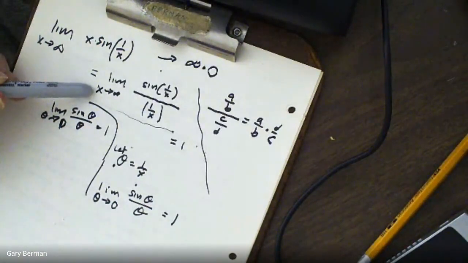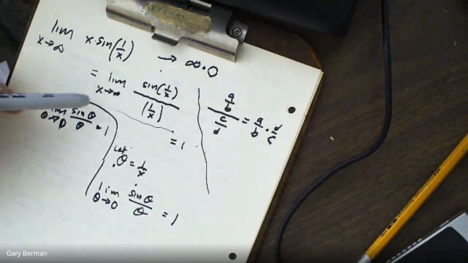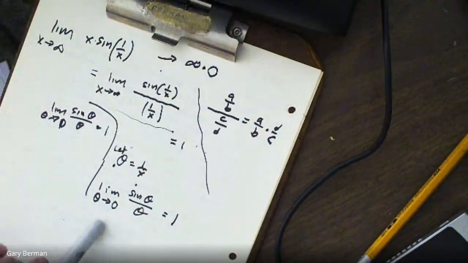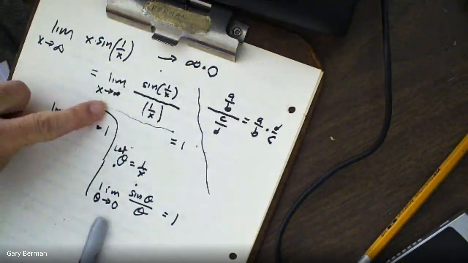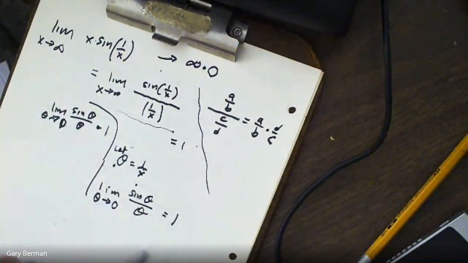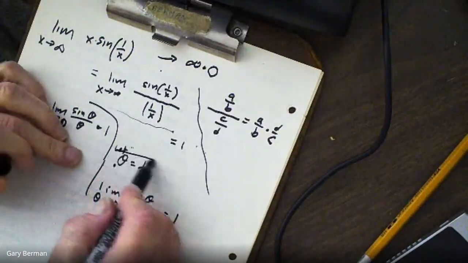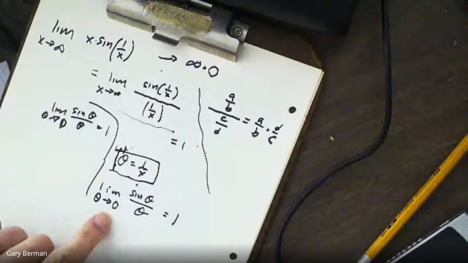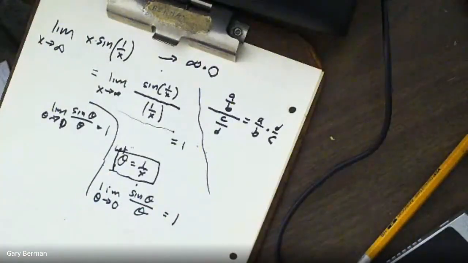X is going to infinity. But when we make a substitution for a new variable, a new letter, we have to change what the limit is to correspond to the new letter. X going to infinity corresponds to theta going to 0 by this very equation that tells us how x and theta are related. You always have to do that if you're going to change your variable to a different letter.